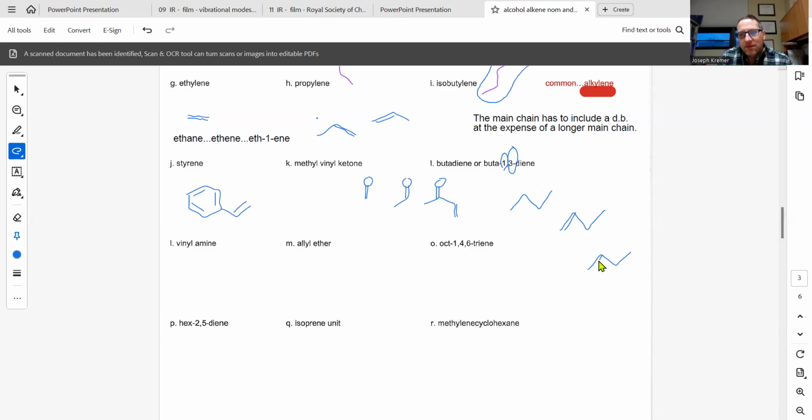Again, you can do this all at once if you wanted. I'll draw another one up here: double bond starting at carbon one of a four carbon chain, double bond starting at carbon three of a four carbon chain. We have it.